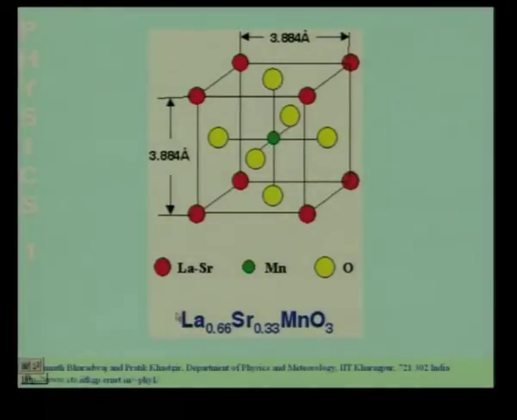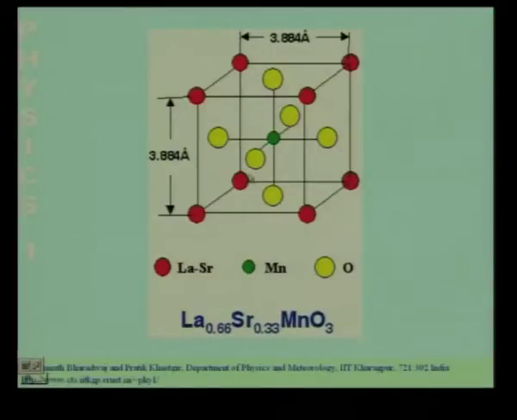The solid is essentially lanthanum manganese oxide, but here strontium has replaced some of the lanthanum atoms, and the strontium atoms are shown in red. Some of the lanthanum have been replaced by strontium.